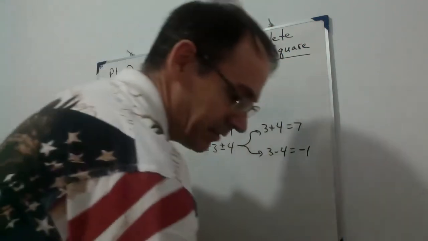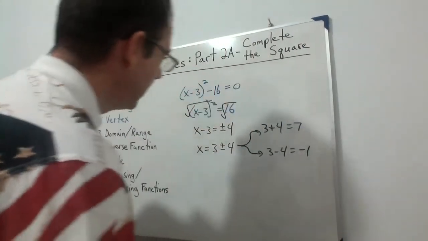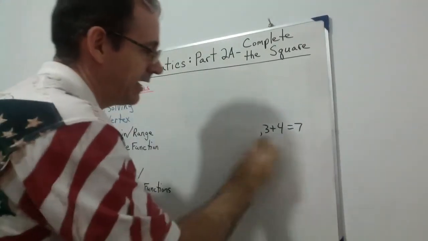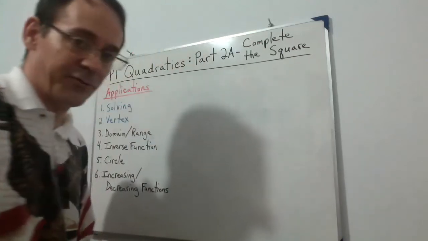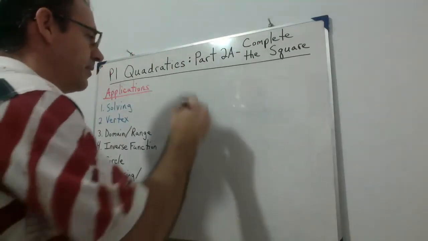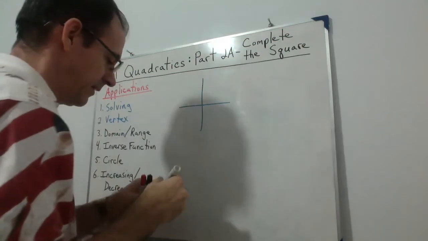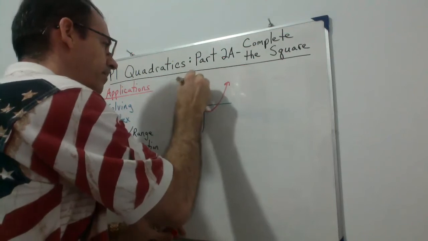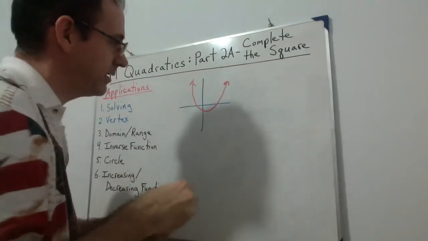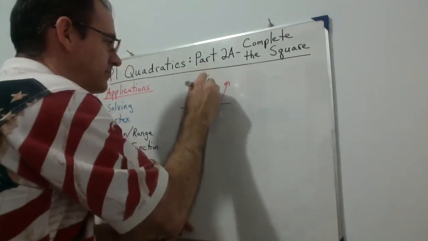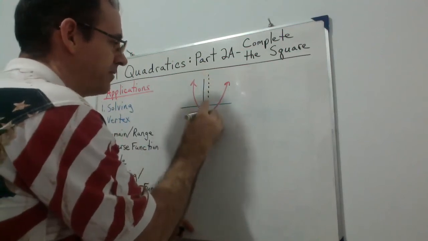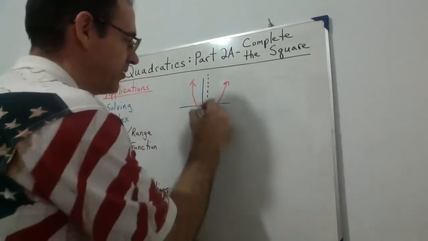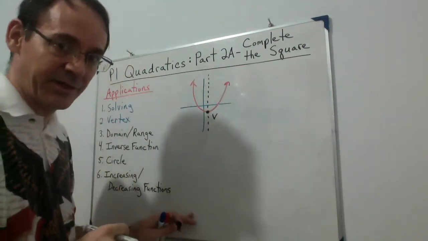So the second thing, and probably the more practical one as far as your IGCSE went, is for the vertex of a parabola. Remember, your parabola is a diagram shaped like this, and your parabola is symmetric, and right at the lowest point, or the highest point if it's facing downward, is called your vertex of the parabola.